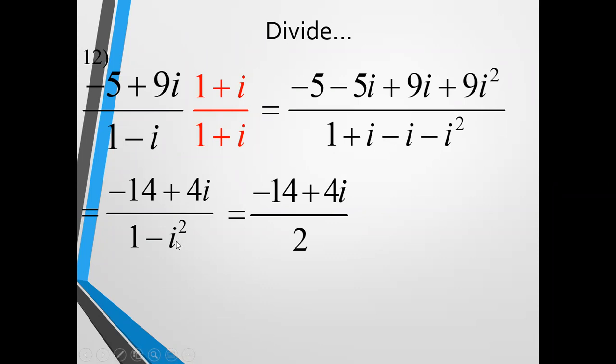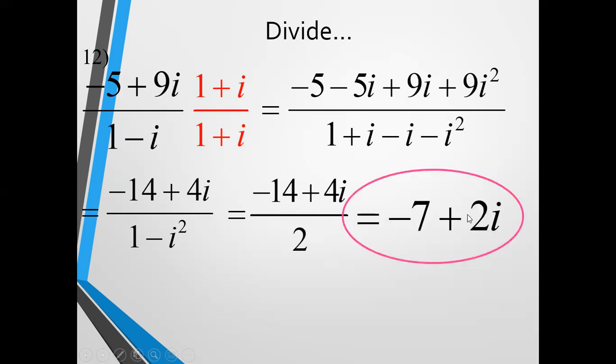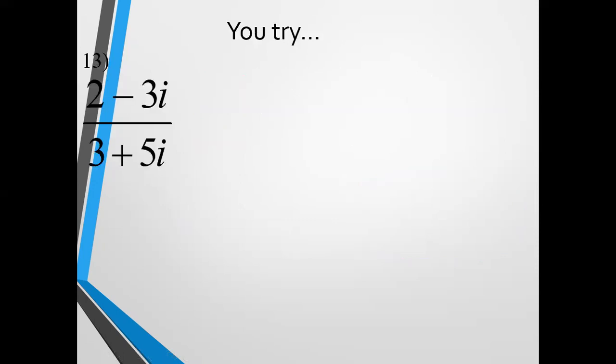You know that minus i squared is what? Minus minus 1, which is 1. So 1 plus 1 is 2. So then you still have this. When you divide this, you are going to get minus 7 plus 2i. That is how to do division.